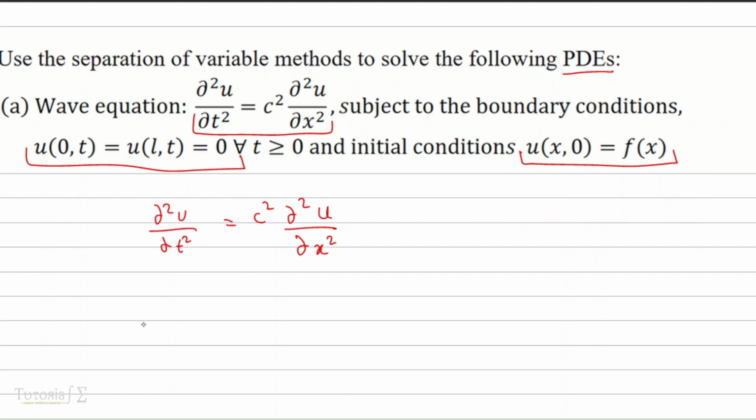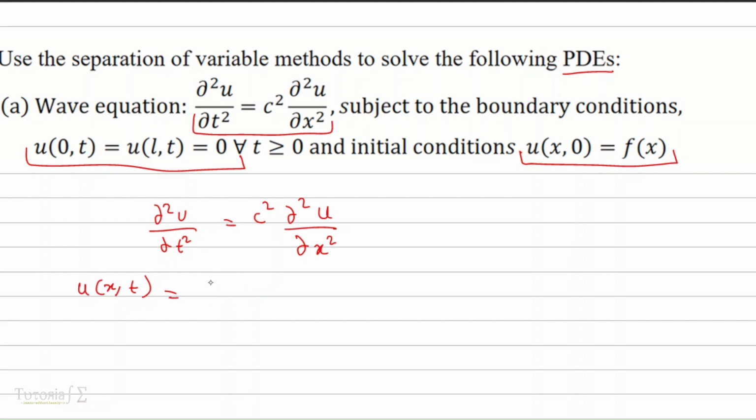So what is the general solution of the wave equation? u of x comma t is equal to what? We said it was u of x comma t being equal to T of t times X of x.